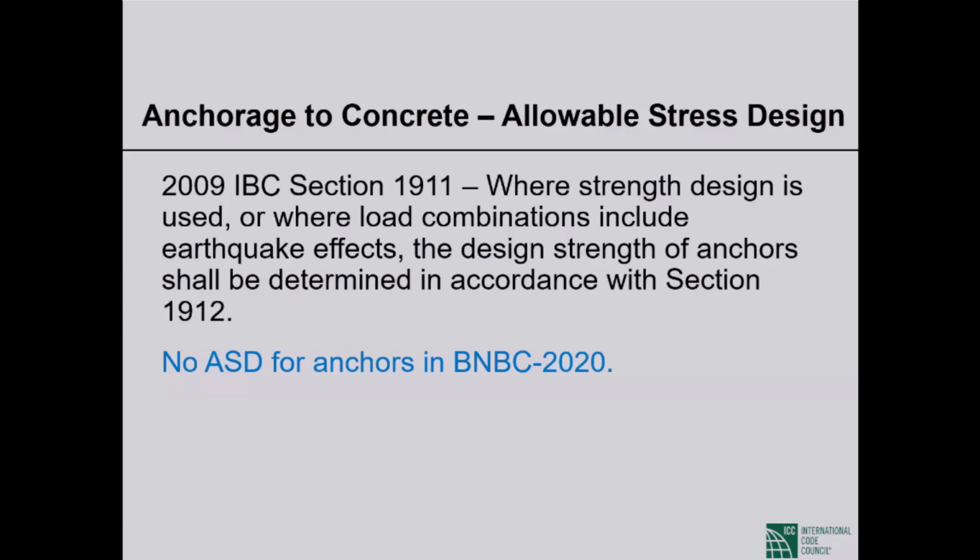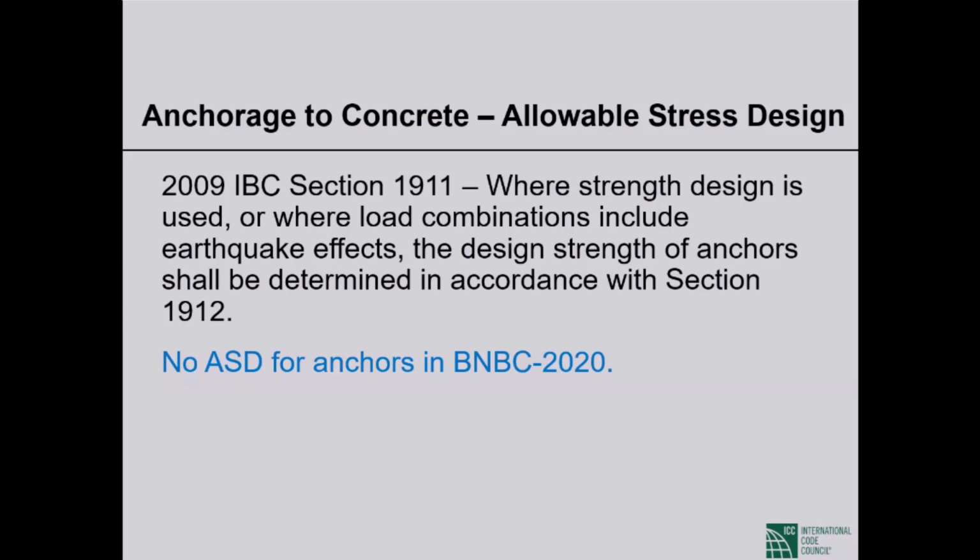So ACI 318-08 is the source for Appendix K, and ACI 318-08 was adopted by the 2009 International Building Code, IBC. And 2009 IBC in the concrete chapter, chapter 19, said where strength design is used or where load combinations include earthquake effects, the design strength of anchors shall be determined in accordance with section 1912, which was strength design of anchors.